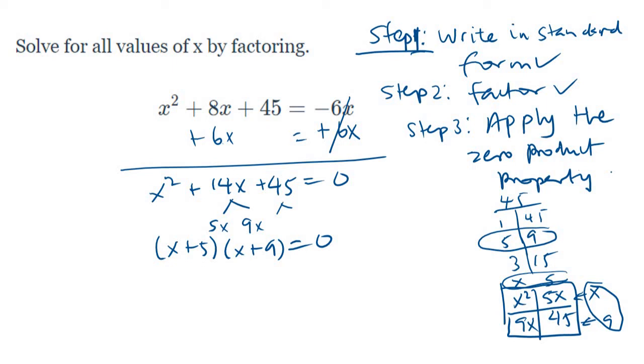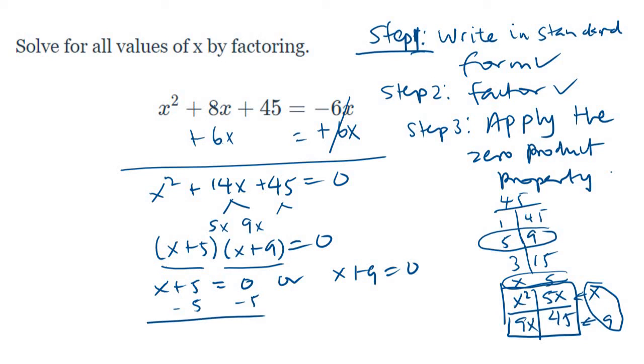And then we're going to apply the zero product property, which says that if two things make 0 when you multiply them, either the first one, x plus 5, equals 0, or the second one, x plus 9, equals 0. Then we subtract 5 on both sides to solve for x. x equals -5.